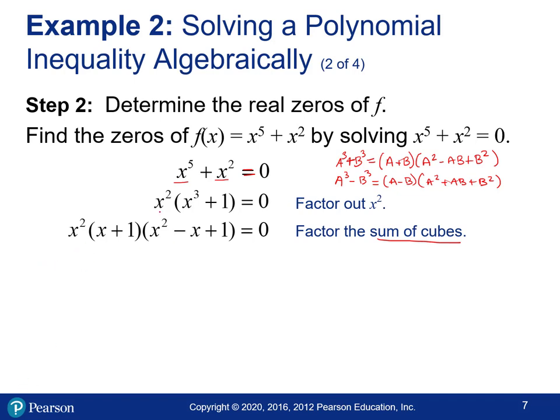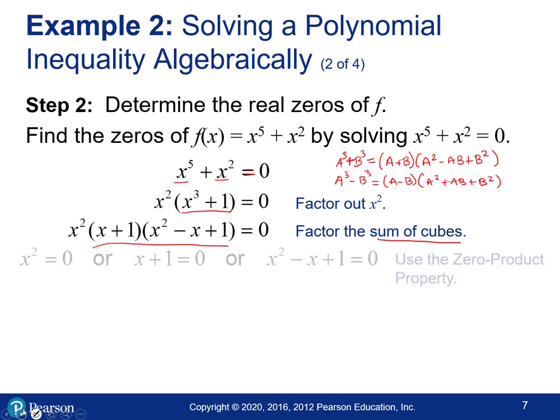Okay, so now we factored x cubed plus 1 as this right here. And if the product of all of these factors equals 0, then we can say the first factor is 0, or the second factor is 0, or the third factor is 0. And then we solve each one.